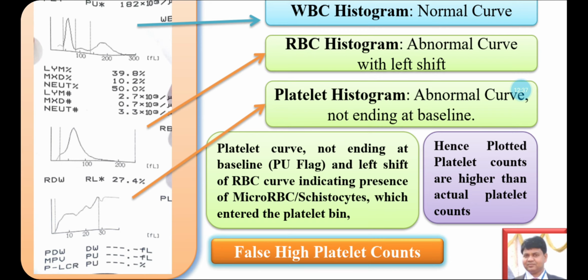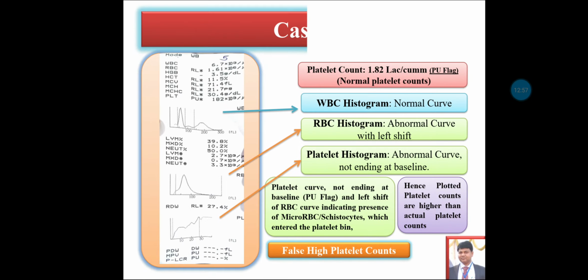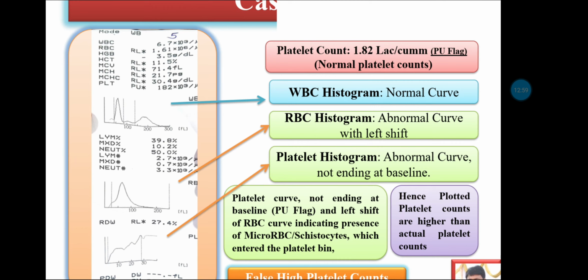That means there is abnormality either in the platelet morphology or RBC morphology, but most probably the RBCs are abnormal because the curve is shifted towards the left, and around 5 to 10% of cells have entered the platelet bin.